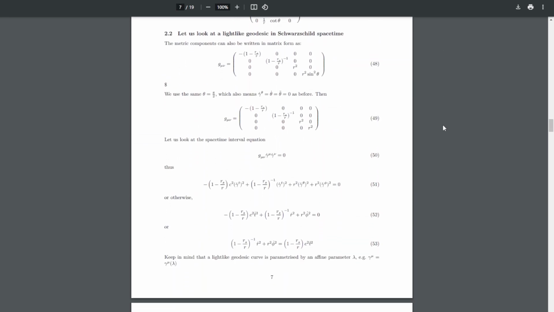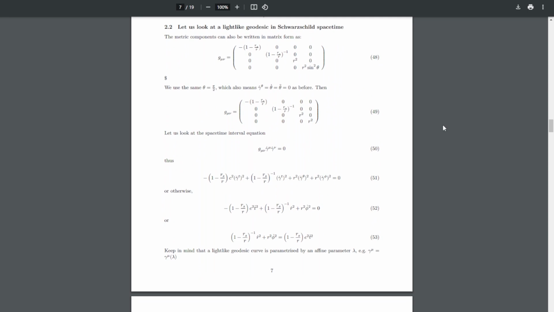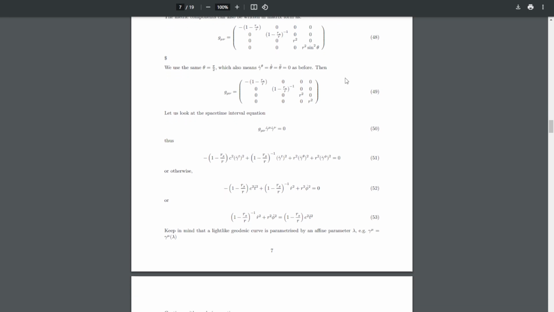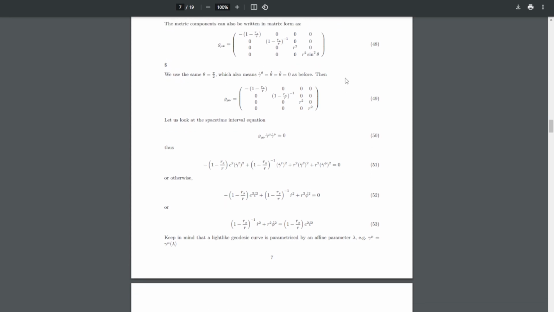Okay, now let us look at a light-like geodesic in Schwarzschild spacetime. Of course, start with the metric, and then, because the angular momentum is conserved, we can actually stick to only one theta, which is basically choosing the latitude plane around the black hole.